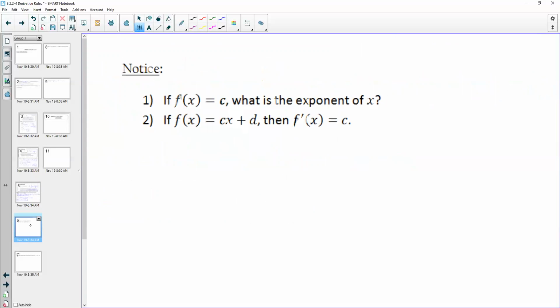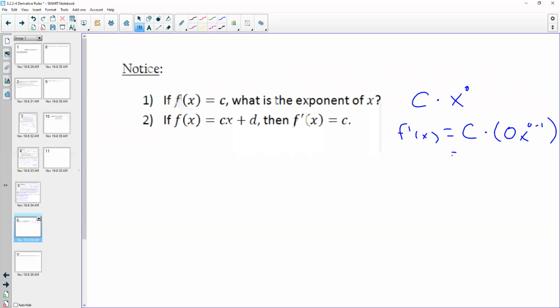Okay, so if f of x is equal to c, what is the exponent of x? We kind of just touched on this. So c times x to the 0. So f prime of x will be c times 0x to the 0 minus 1.